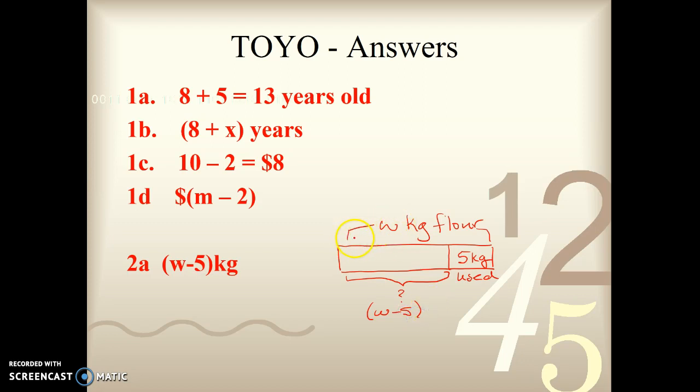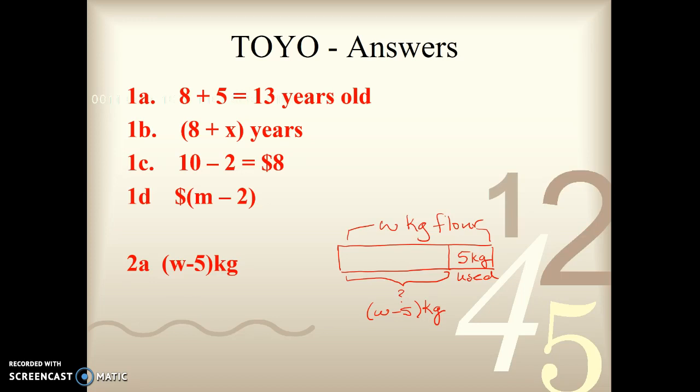So that's why we're going to do W minus 5, because our W is up here. We don't even know the total amount. It's just W. We do know the amount she used. It's 5. And then we're going to stick a label on it. It's kg. Okay, now we're going to do something fancy. We're going to substitute in a value for W. Letter B says, if Tracy bought 8 kilograms of flour, how much flour had she left?